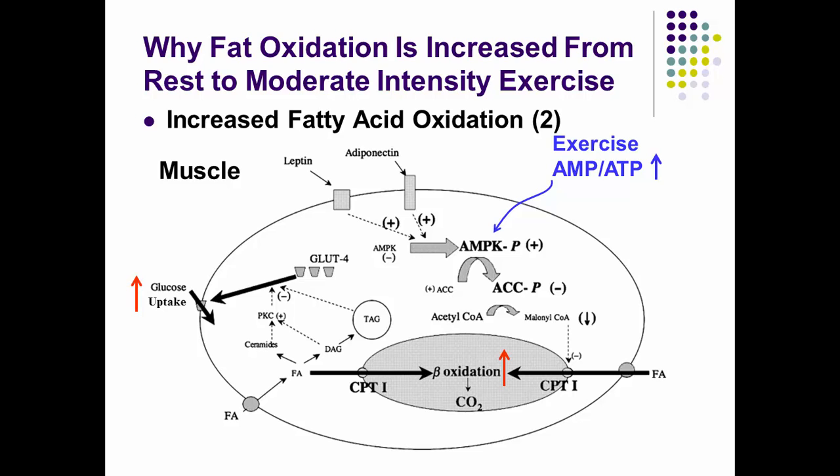A lot more fatty acids are released and available for oxidation in skeletal muscle. The second is this pathway: AMPK activity increases, so a lot more fatty acids are oxidized in the mitochondria.